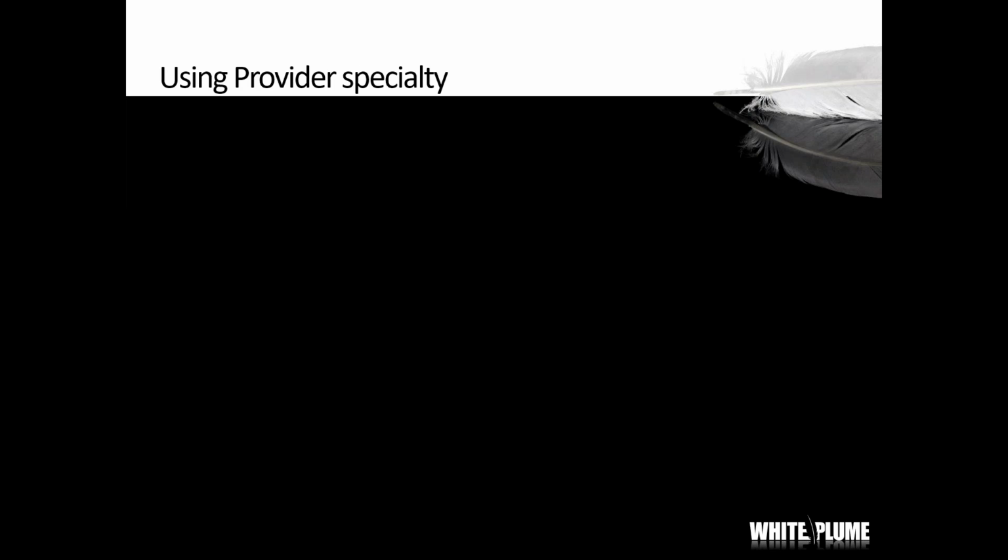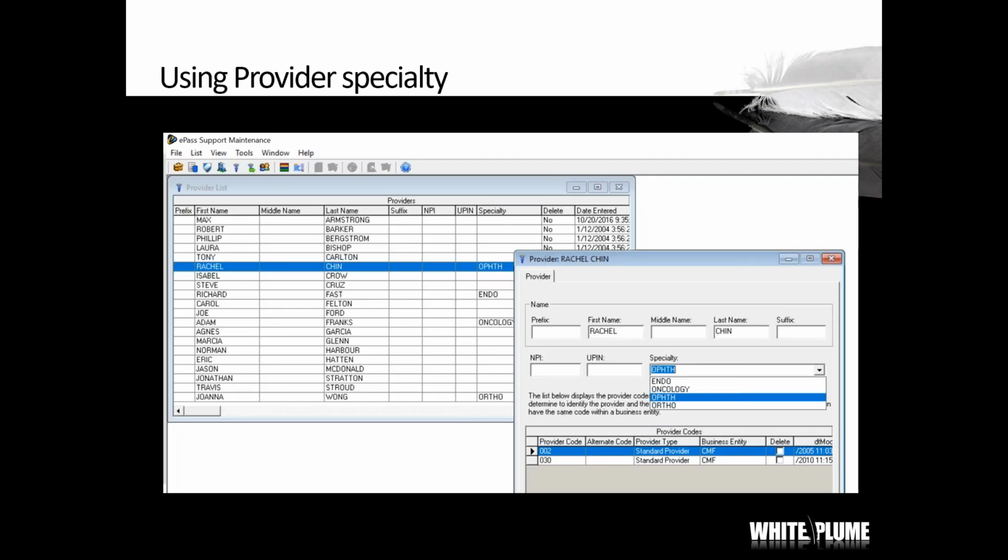Now, I've said specialty several times. In ePass support maintenance, where you select the symbol and you have your provider list, you can double click on any provider and add a specialty value. You see Rachel Chen is my ophthalmology, Richard is my endocrinology, and Frank's is oncology, etc. So anytime that provider sees a patient, the historical diagnosis, the global period, or the date last seen are all categorized as belonging to that specialty.